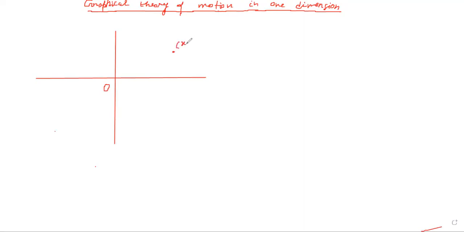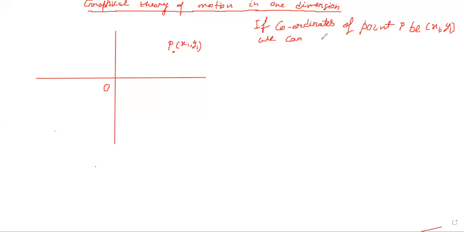If we write the coordinates of a point in a two-dimensional plane, why two-dimensional? It has two axes, x-axis and y-axis. If the coordinates of point P be x1, y1, then what can we conclude about that point?